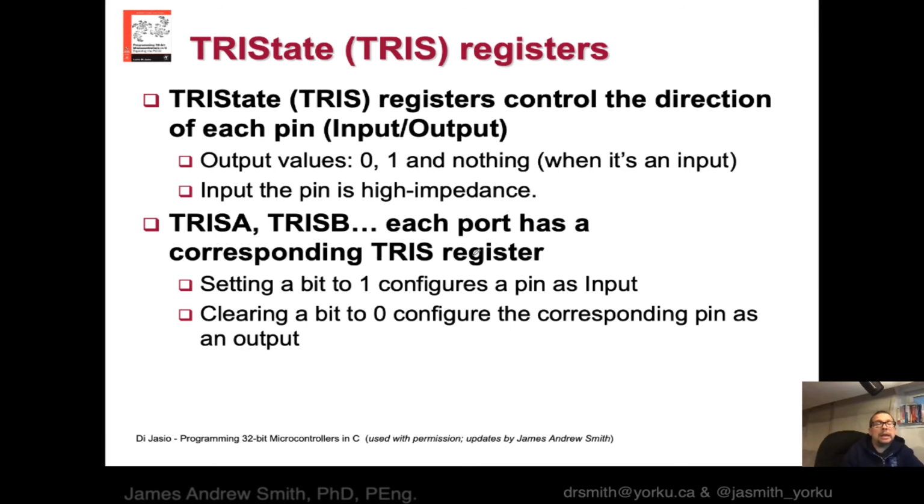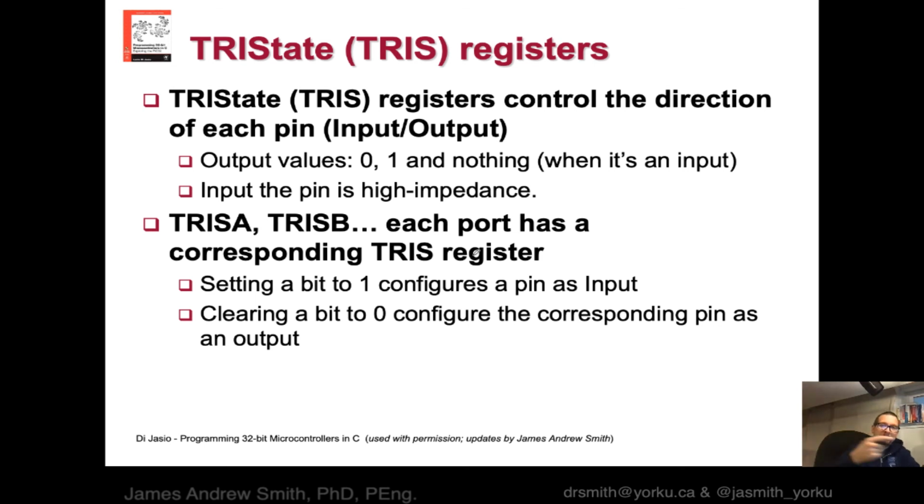Now, in the PIC32, just like in the PIC16, a little bit different than on the ATmegas, there's something called the TRIS registers. These are also called the TRIState registers, and they are in charge of controlling the direction. That is, is a pin an input pin or an output pin?